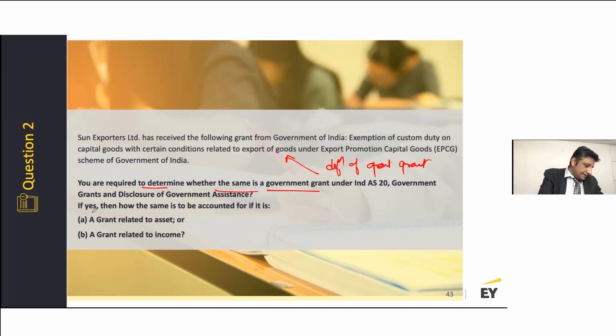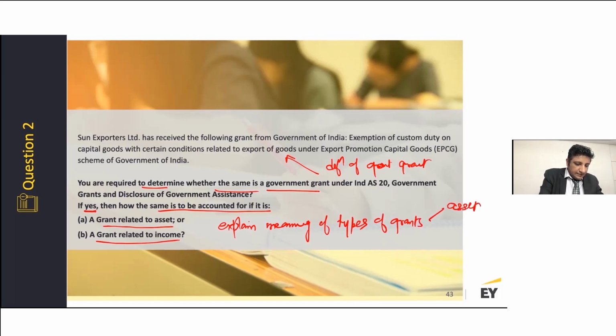The second part is if yes, then how is the same to be accounted for, if it were a grant related to an asset or a grant related to an income. So the second requirement of the question is you need to also explain the meaning of these two types of grant, pertaining to an asset or pertaining to income, and finally the accounting thereof, right? It's a comprehensive question in that particular manner.